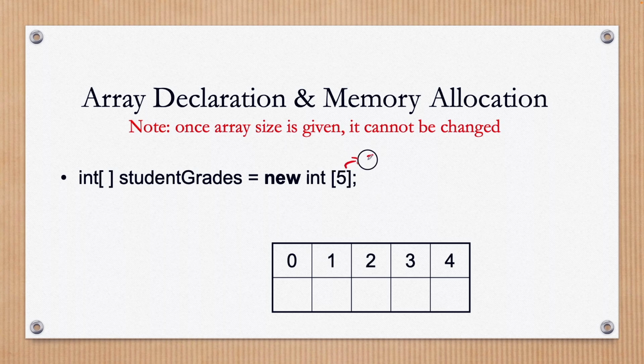That indicates the size of the array. By providing the size, the computer will then create a memory space that can store 5 values, like this chart. And that memory location is named studentGrades, which is the name of the array.